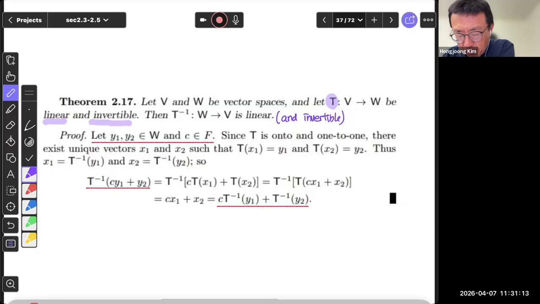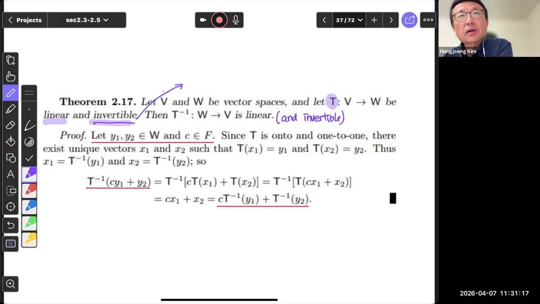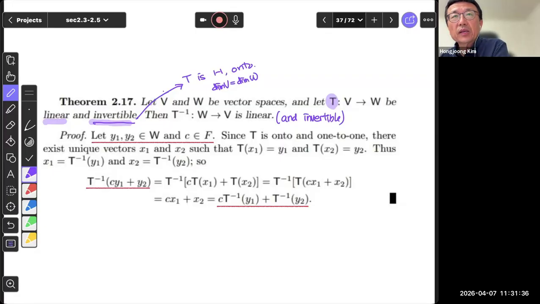And if I assume that T is an invertible mapping, then T is one-to-one and onto, and the dimension of V and the dimension of W are equal and so on.